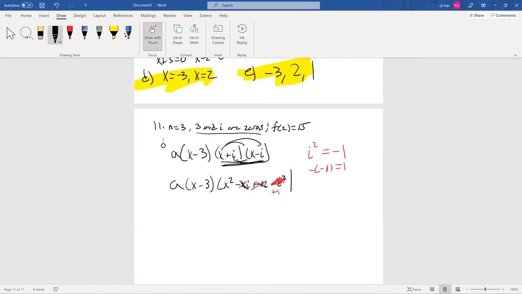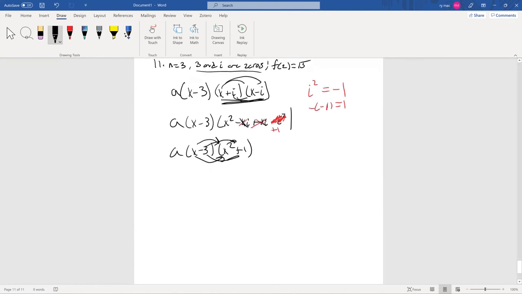So now we're left with (x minus 3)(x squared plus 1). And now I'll just double distribute again. I'm just trying to get this all into a bunch of terms that I can look at.